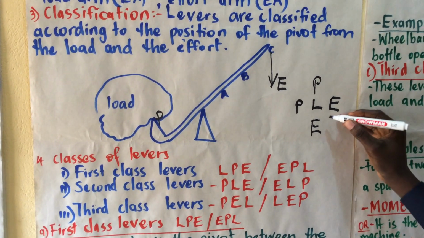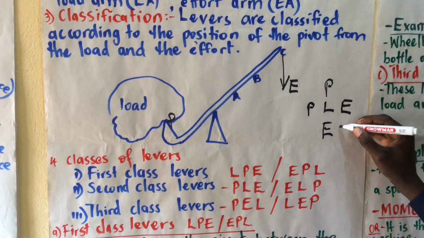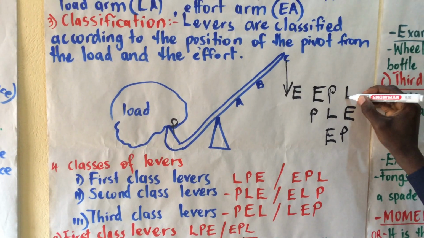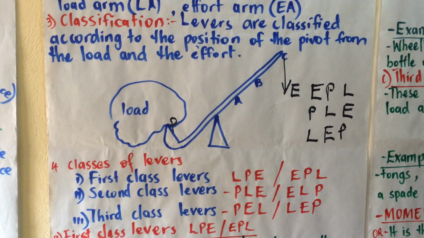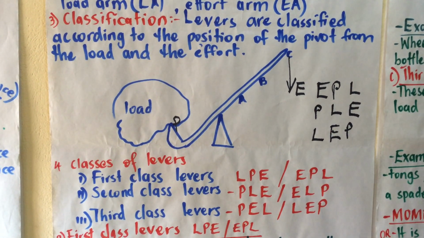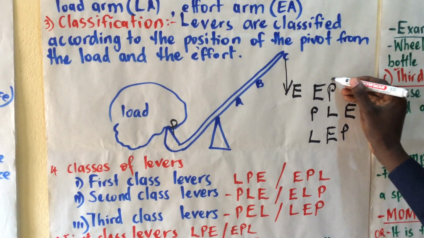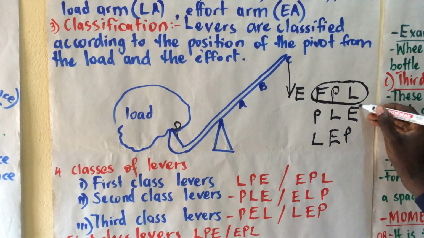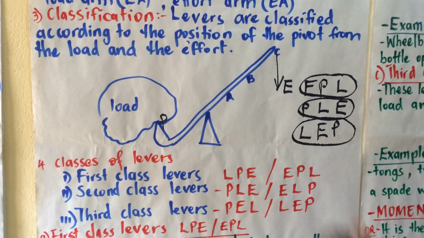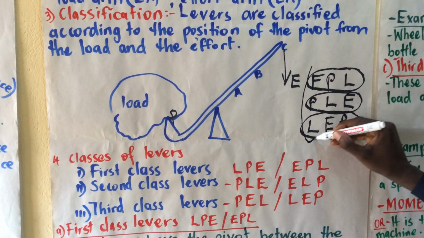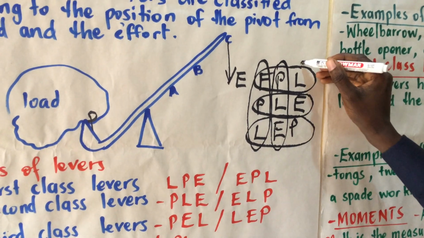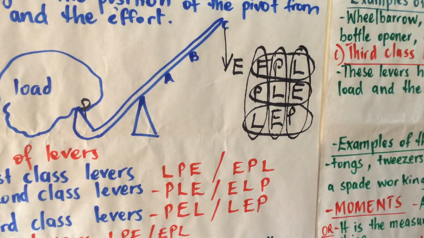Then PLE, then LLL. So I began with PLE and PLE. Then PLE this way, here LLL. So these are first class levers, these are second class levers, and these are third class levers.